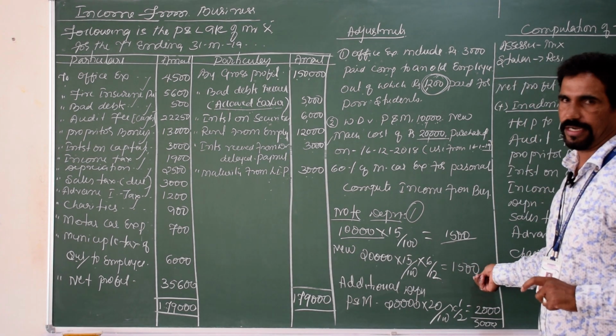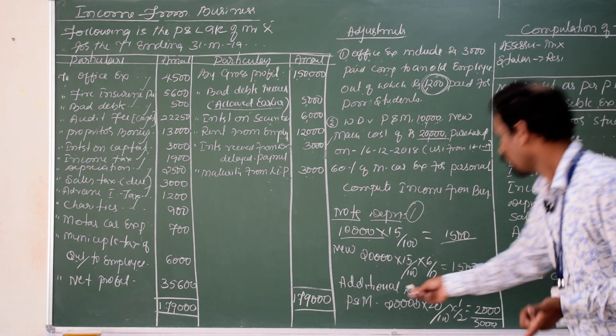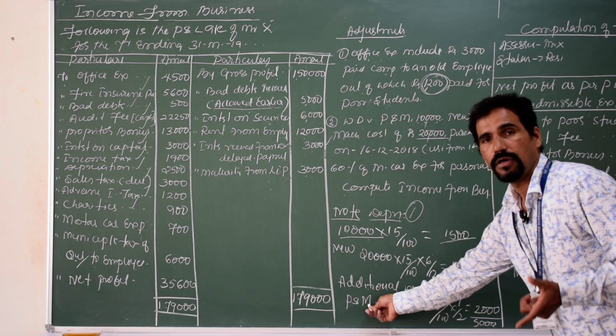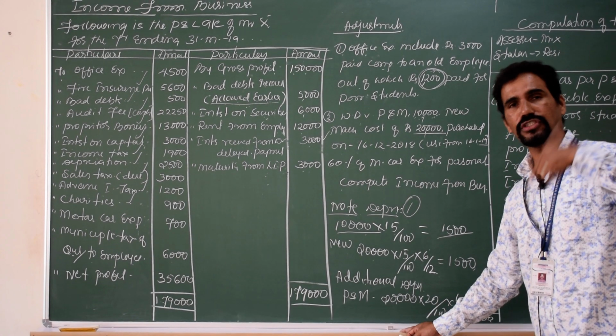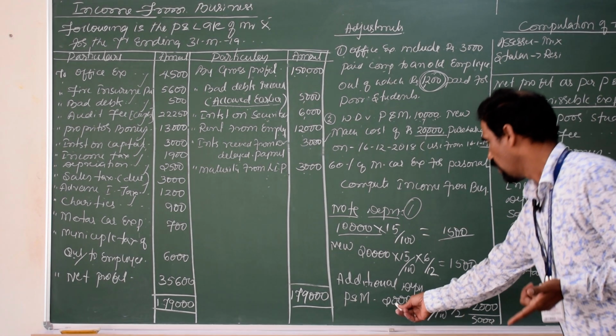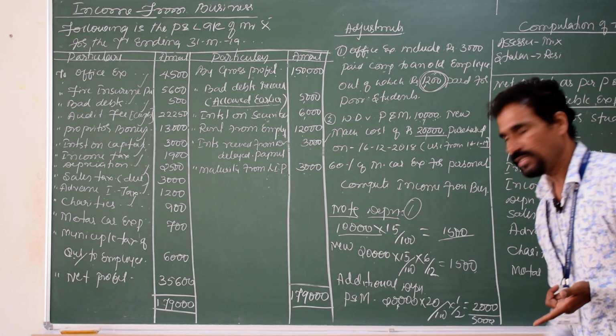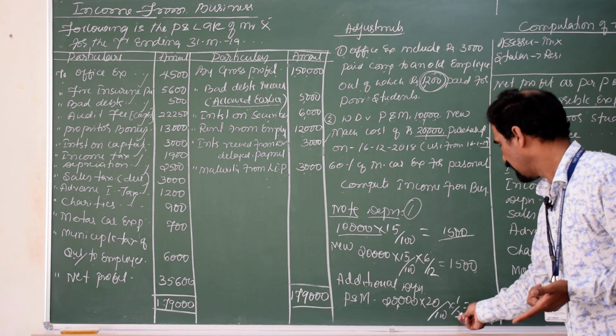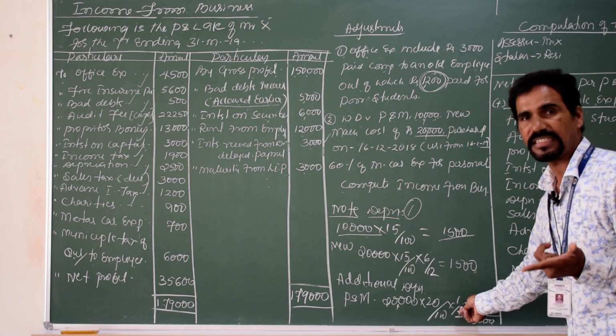So, 1,500. Then additional, for 1 year 15%, additional means you can charge 20%. Additional next year for 20,000 value into 20% into 1/2, meaning 6 months.